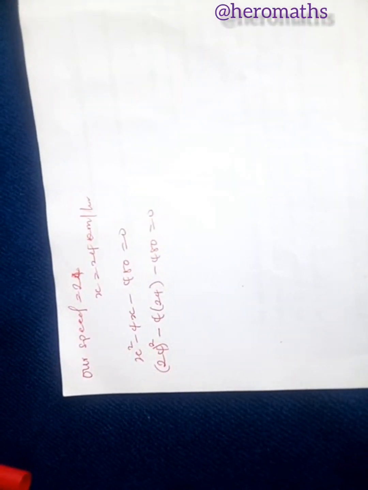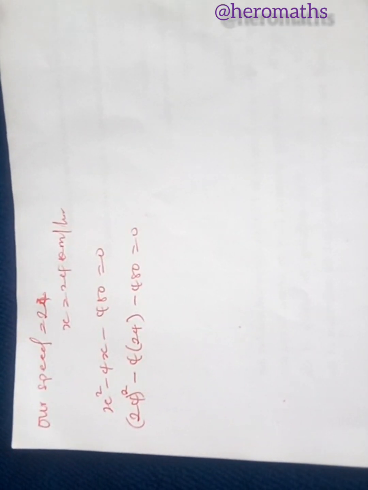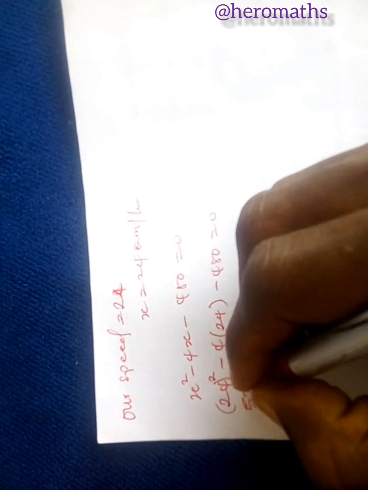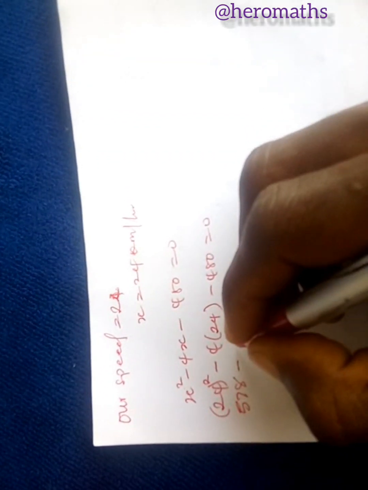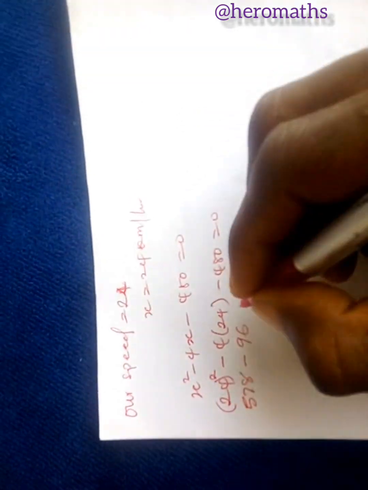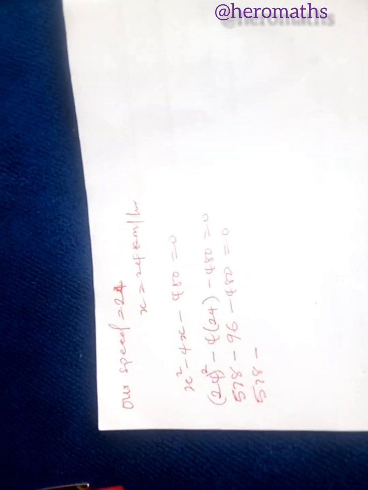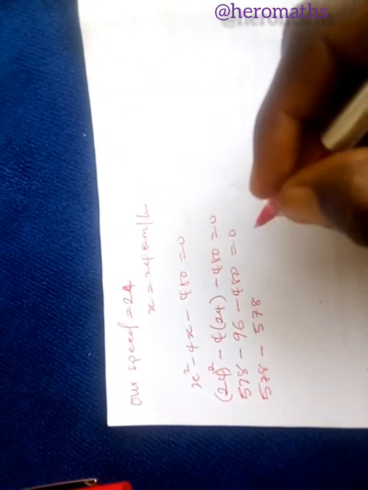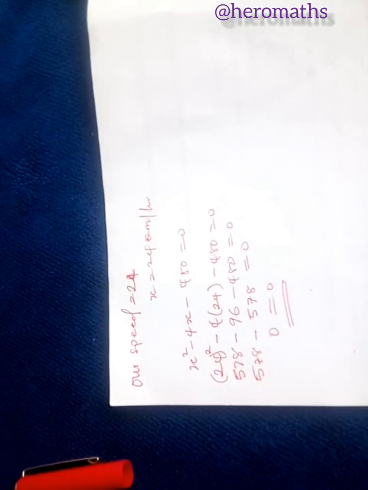We have written it, so let us punch out. 24 squared, punching our calculator, we have 576 as the answer. Minus 4 times 24 will give us minus 96. Minus 480 is equal to 0. Now punching our calculator, 576 minus 96 minus 480 will give us 0. Then 0 is equal to 0. It means we are very right.